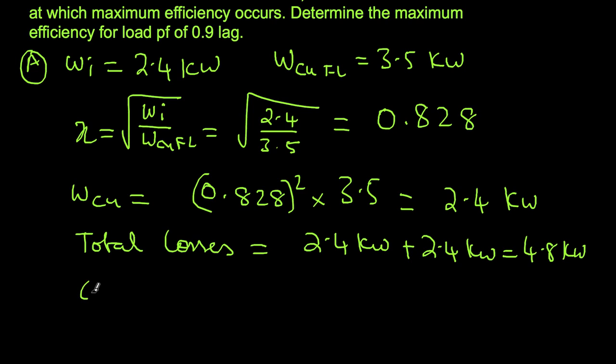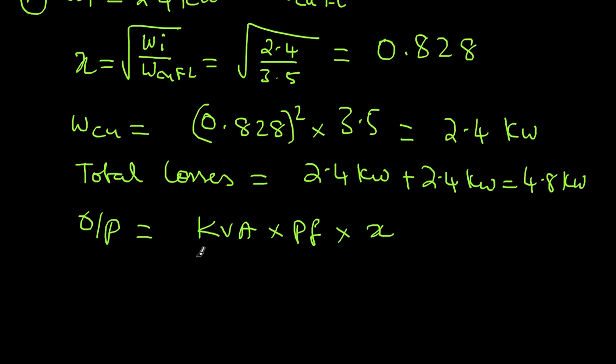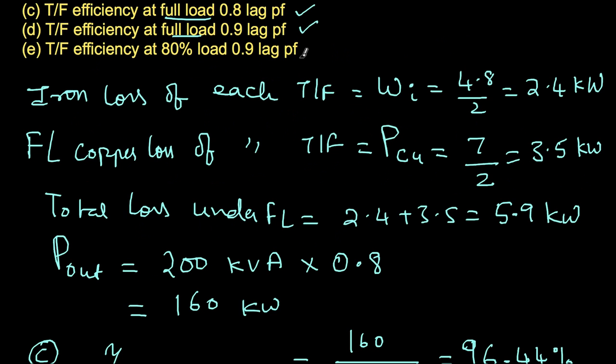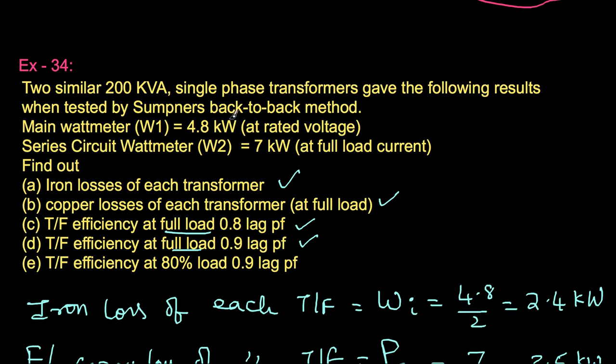Now what will be the output? The output will be kVA multiplied by power factor multiplied by our fraction x at that load. What was the kVA for the transformer? If I check back once again, the kVA for the transformer is 200 kVA, and the power factor at which we want to calculate the efficiency is 0.9 lag.